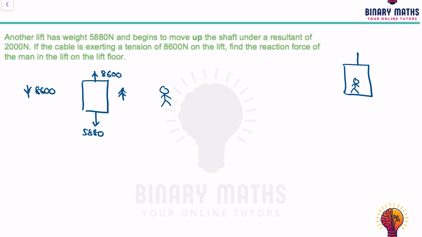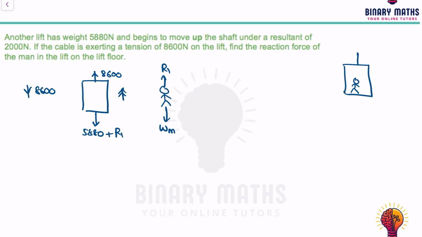So what does the man feel? The man feels the weight of the man. And the man also feels the lift pushing him up, which is reaction R1. So the lift feels its own weight plus the reaction of the man. So we've just set it up.